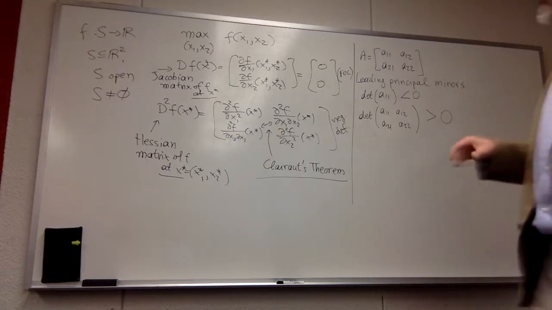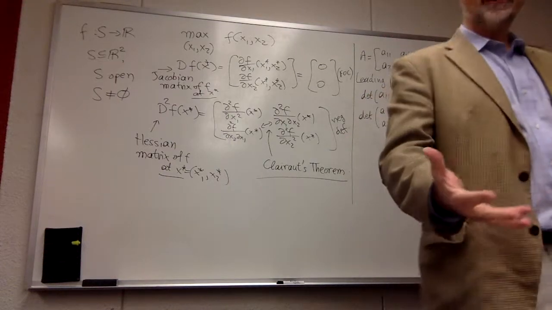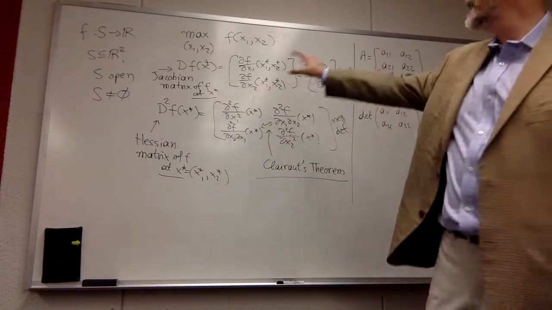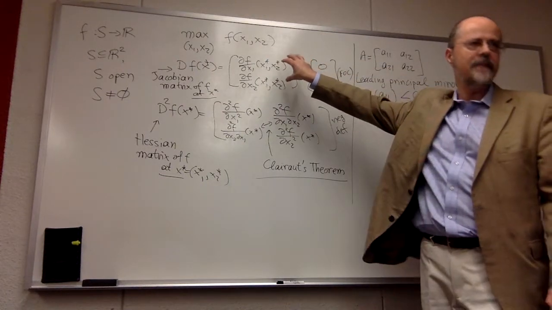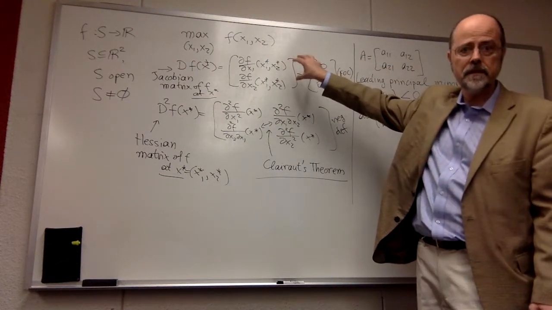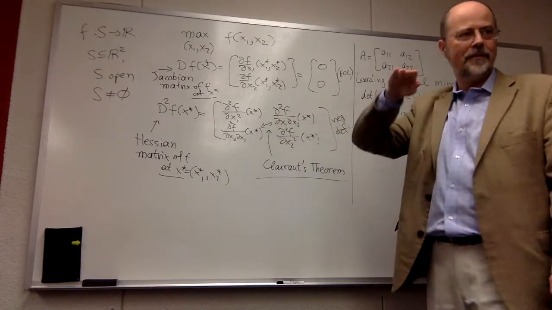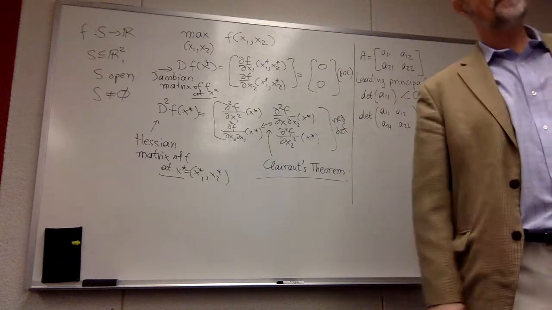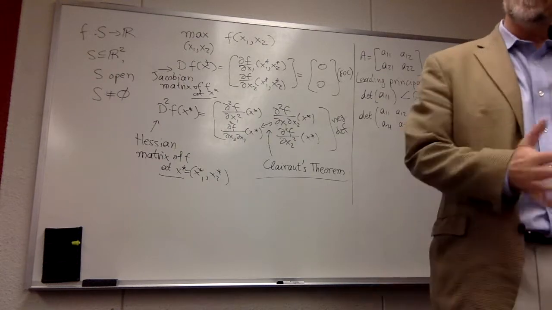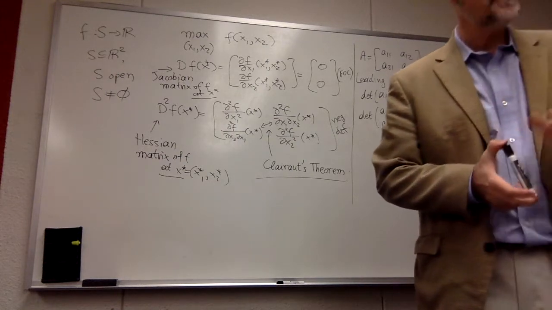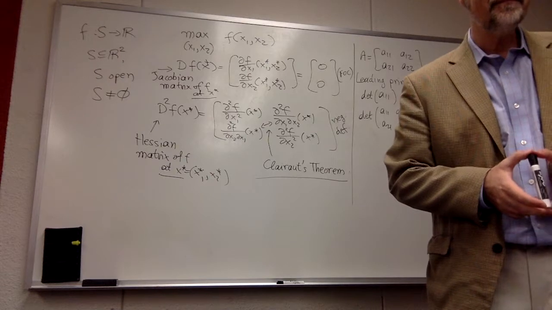So suppose you have a problem in your homework, and you check and you find a point here that satisfies the first order conditions, and then you check this, and one of the principal minors is in fact 0, but all the others have the right pattern of signs for negative semi-definite.